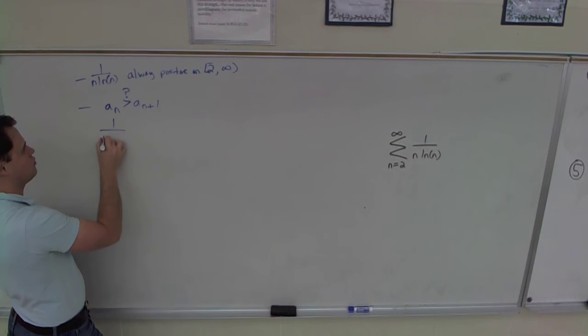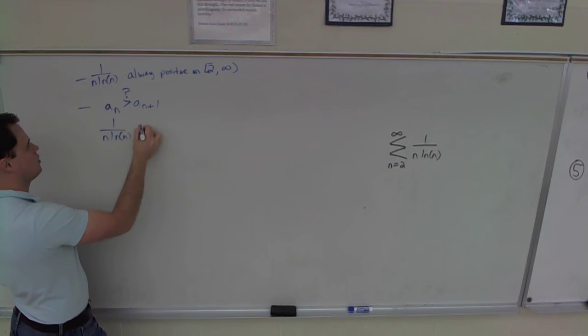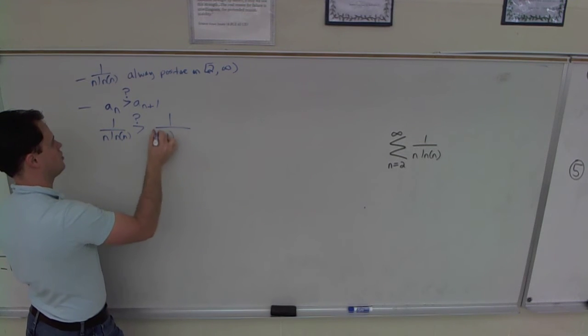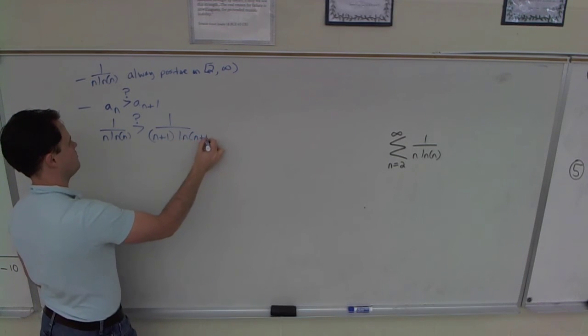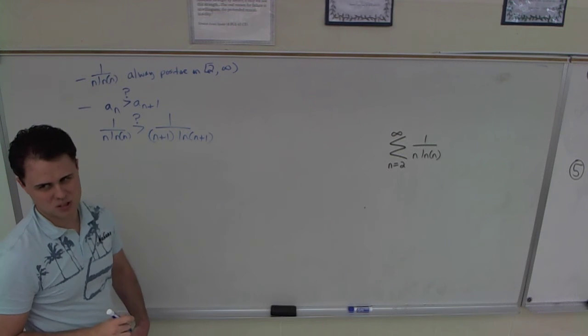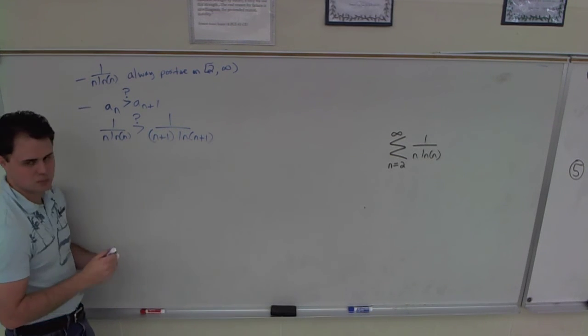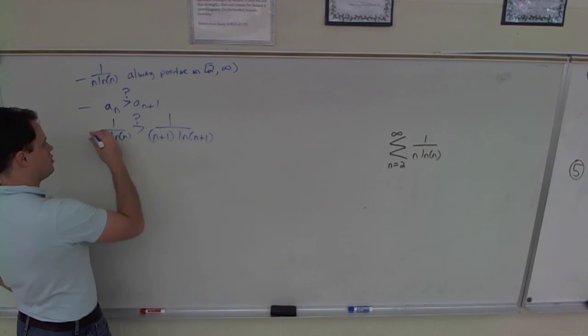So over here we have 1 over n times the ln of n. And over here we have n plus 1 times ln of n plus 1. Ooh, the fact that these are inside that natural log is kind of freaking me out. I don't know. Let's see if it works. We might want to do a derivative, is all I'm saying. Alright, cross multiply.